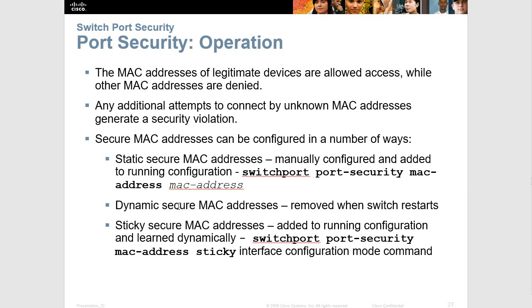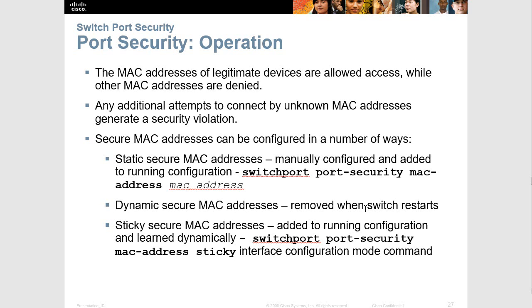If you just leave it alone and enable switchport port-security, it will go into dynamic secure MAC addresses, which are removed when the switch restarts. So basically, the first MAC address that port learns will be the MAC address that it's limited to using, which is usually a decent situation.